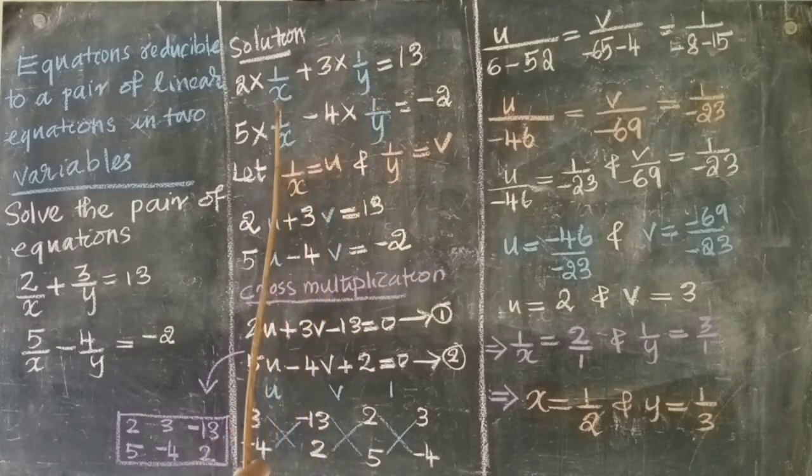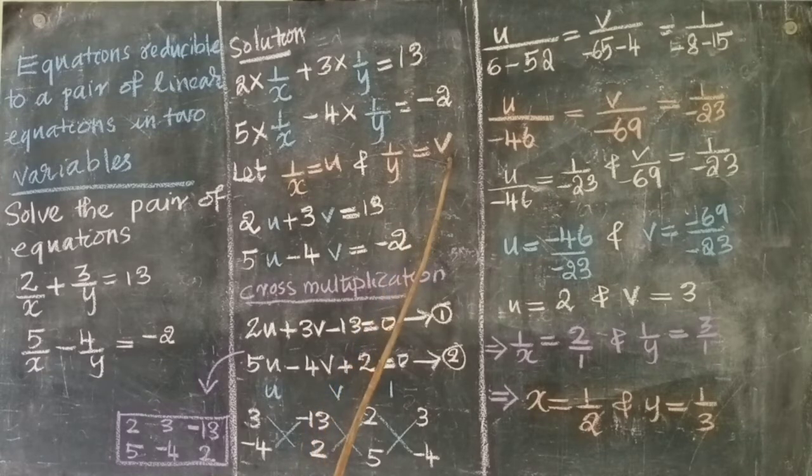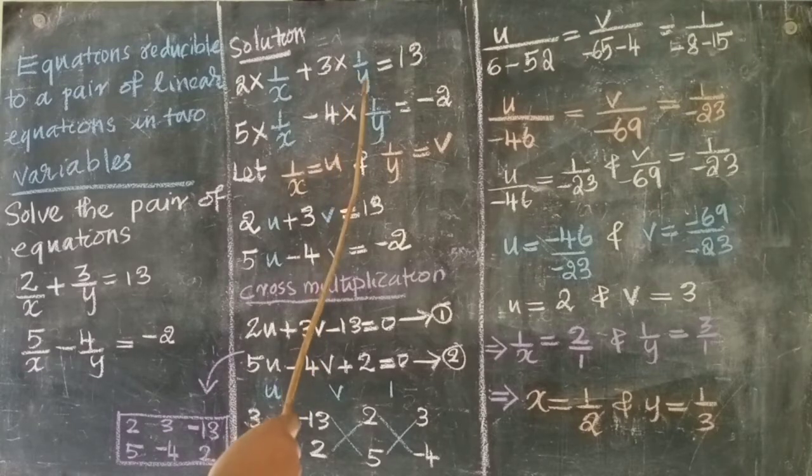In these equations, this 1 by x we are going to substitute by another variable u, and 1 by y we are going to substitute by another variable v. So in the place of 1 by x, u will come, and in the place of 1 by y, v will come.